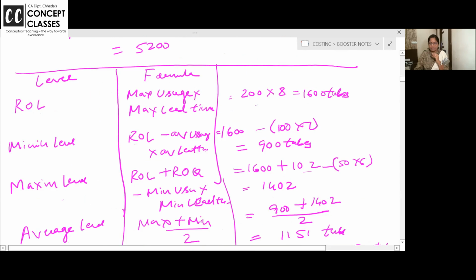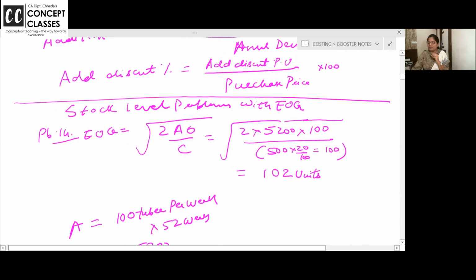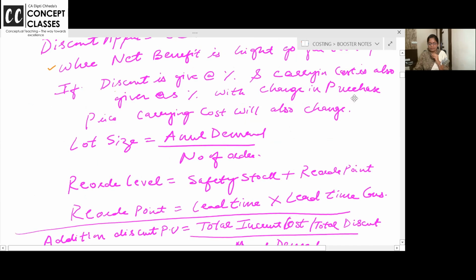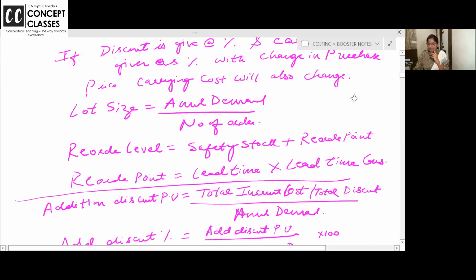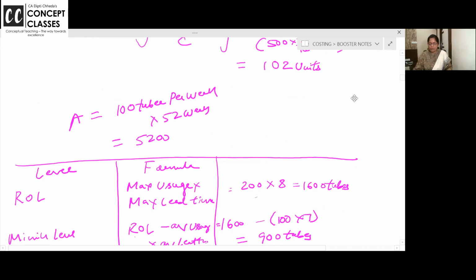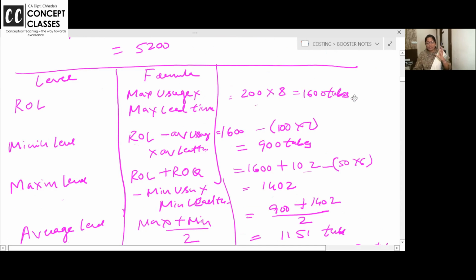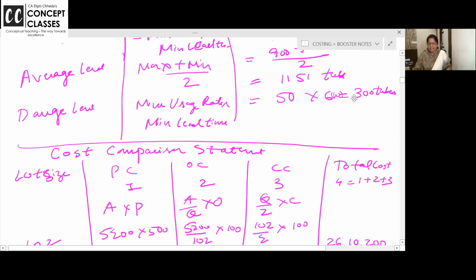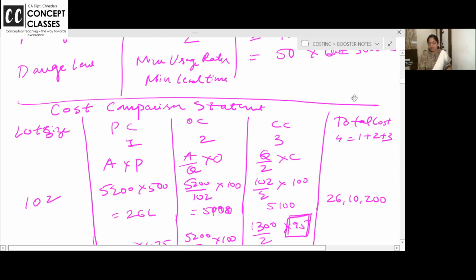Yeah, I remember one problem as an example I had solved. One second. Yeah, this is like 5,200 units and EOQ. Now, what are reorder levels? I think this I will explain from the main screen, different level. This was, I wanted to give you the format.